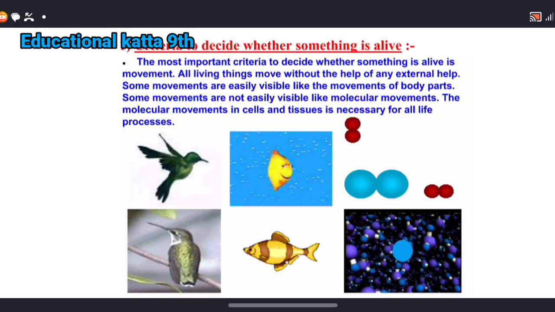Yes. Second, all living things move without the help of external help. Some movements are easily visible like movement of body parts, some are not, like molecular movements. The molecular movements in cell and tissue are necessary for all life processes. I think there is nothing here that I need to explain, but still I explain to you that all living things move without external help. We don't take anyone's help to walk. Just a small baby takes help because they are in that growing phase.